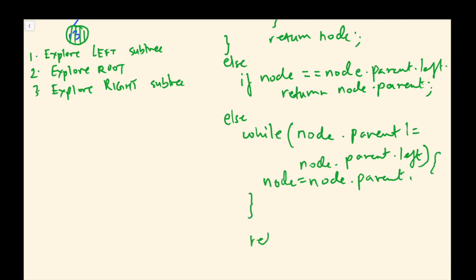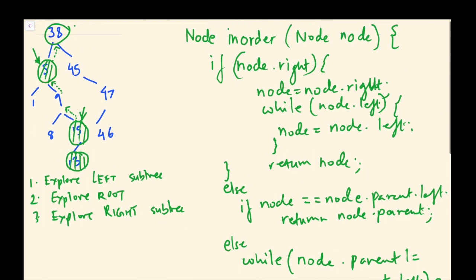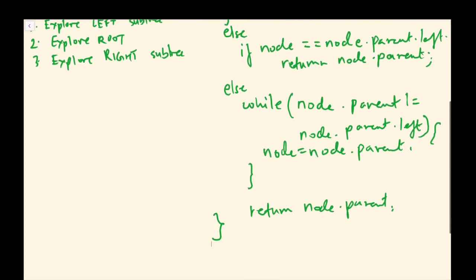And then we return node.parent. So this is a pretty straightforward and simple algorithm to compute the in-order successor.